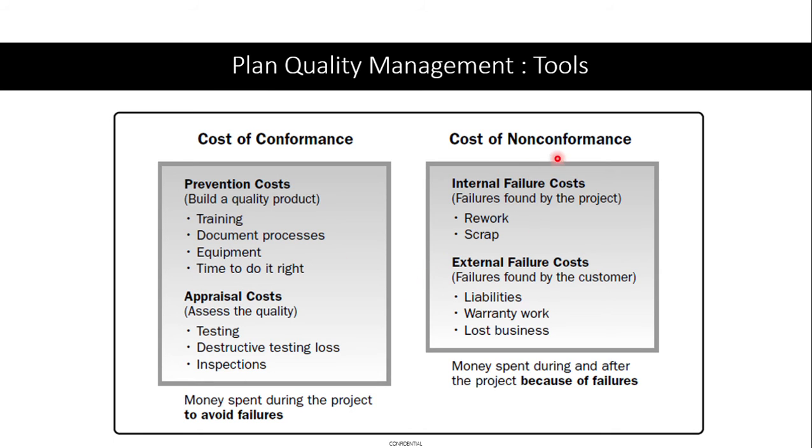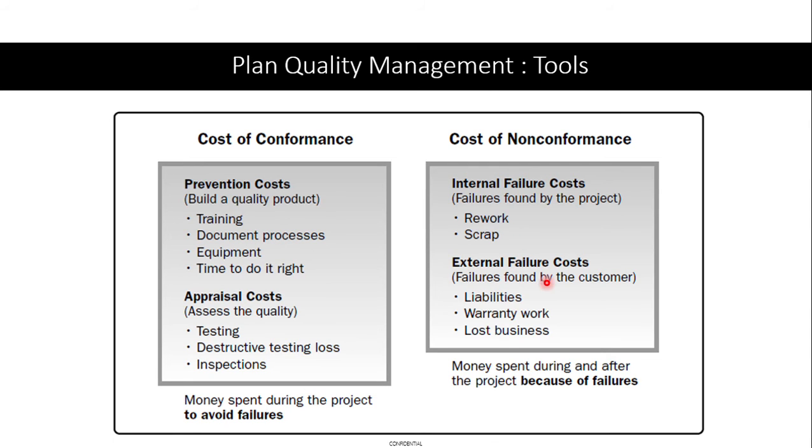And the cost of non-conformance, as I told you, is the failure cost, the cost arising because you have not adhered to the quality standards. It can be internal. You may have to rework your modules and reprogram them, or if it is very badly done, we have to scrap certain programming modules.